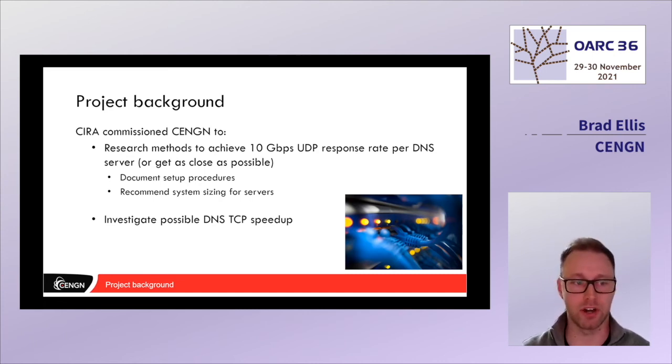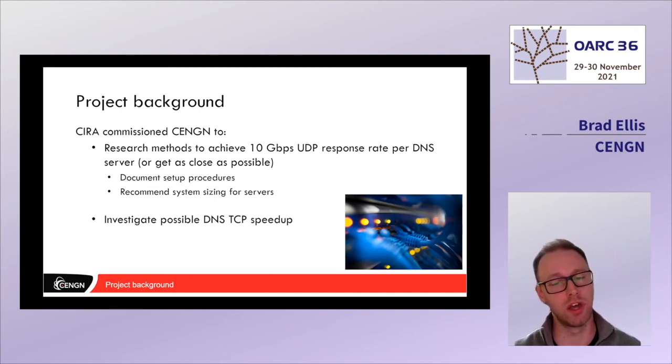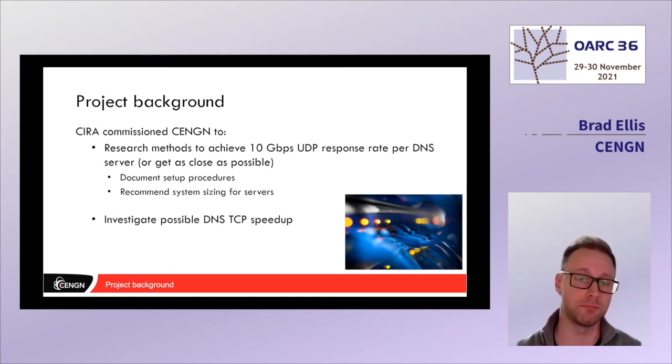Doing that, we'd want to document setup procedures and then ultimately recommend system sizing in order to do that. So if you're going to go out and buy new servers, you want to get the cheapest ones or the smallest ones possible to achieve the ultimate goal of line rate UDP responses. In addition, we're going to do what we could to investigate the possible speed up of TCP responses as well.